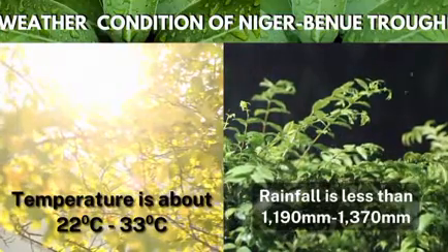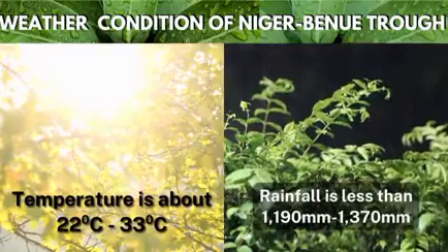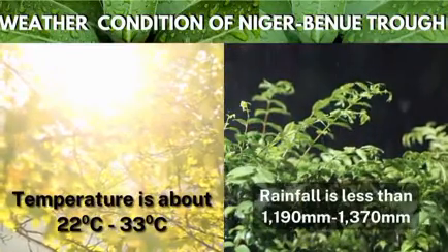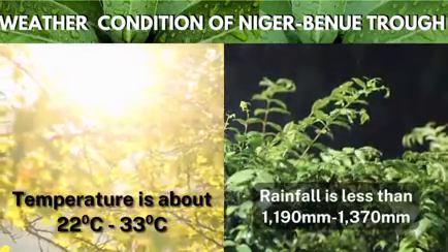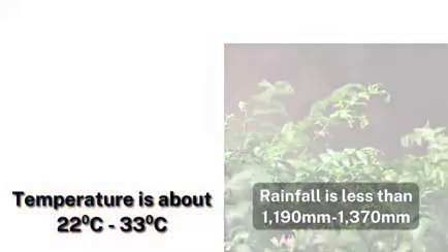It is a level of transition of vegetation in the country. The vegetation dominates the river valley, and it is of gallery. We can say here that the level of rainfall is quite moderate.